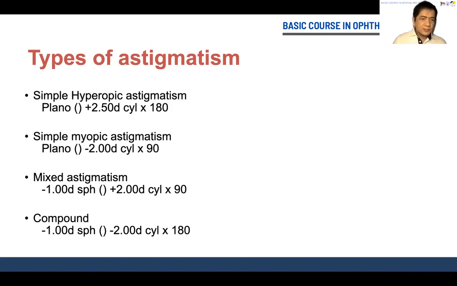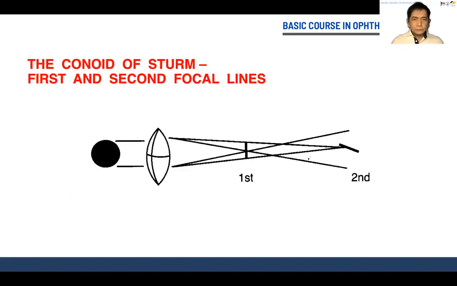While in mixed astigmatism, there is a concave spherical component, or a minus spherical component, and a plus cylindrical component. And when you say compound, the spherical component and the cylindrical component are either both minus or both plus. That is a compound astigmatism.